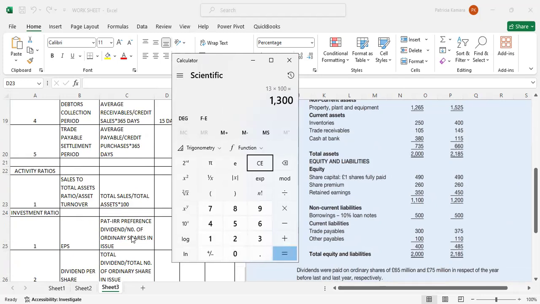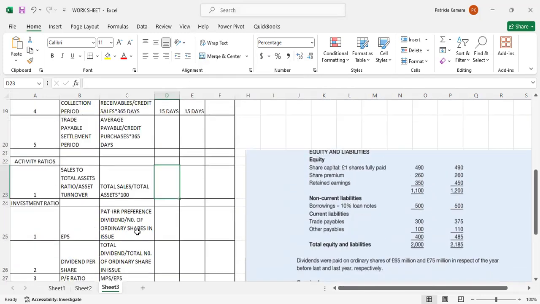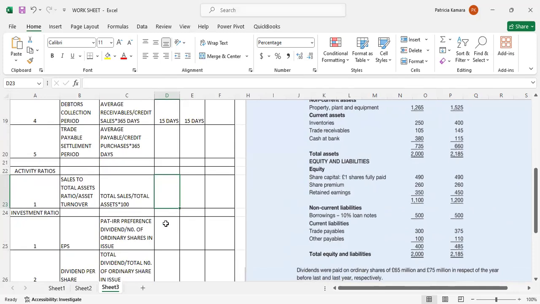This is huge, but we have to report it like that. Into percentage, you give us 1,300. Obviously, we divide it by 100.